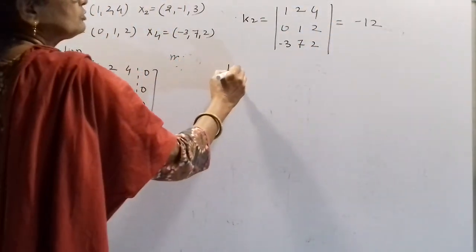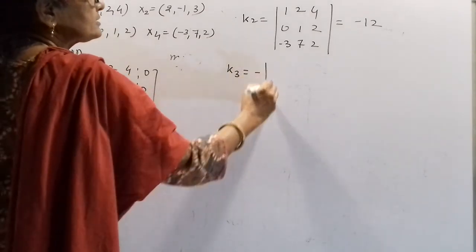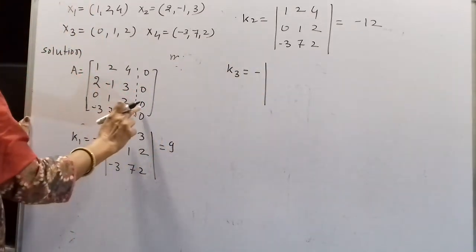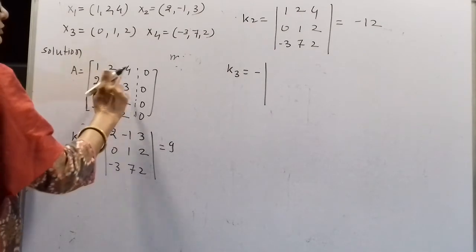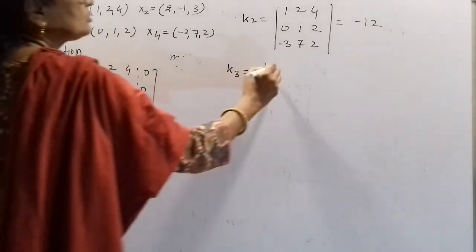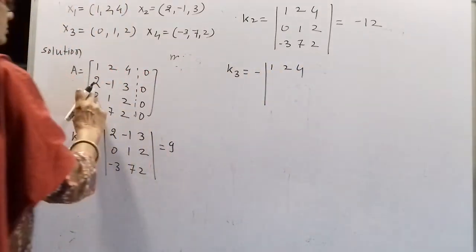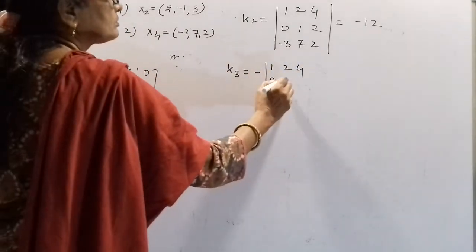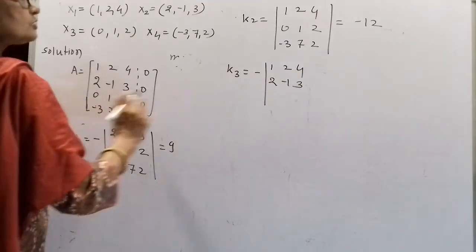Now we have to find k3. k3 is again minus, we have to consider minus the cofactor of this one. So 1, 2, we leave out its row and column, so 1, 2, 4, 2, -1, 3, and -3, 7.